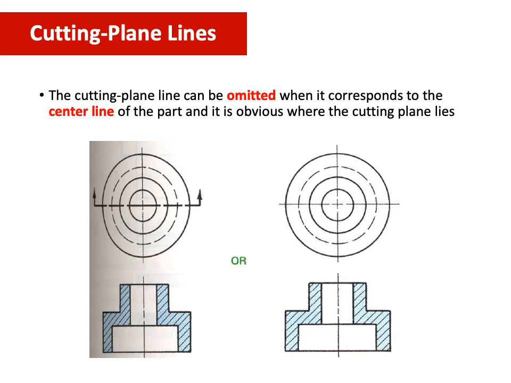Next, cutting plane lines can be omitted when they correspond to the center line of the part, and it is obvious where the cutting plane lies. So here, even if there is an arrow, you can cut it anywhere and it will be the same.